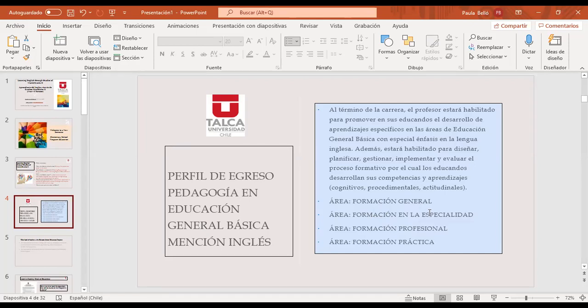Okay, then formación de especialidad, which will be la especialidad. Like this year's curriculum? No, I don't know. Okay, I think we are a little bit lost, so let us see. We have especialidad and we have professional. I think there is the problem.